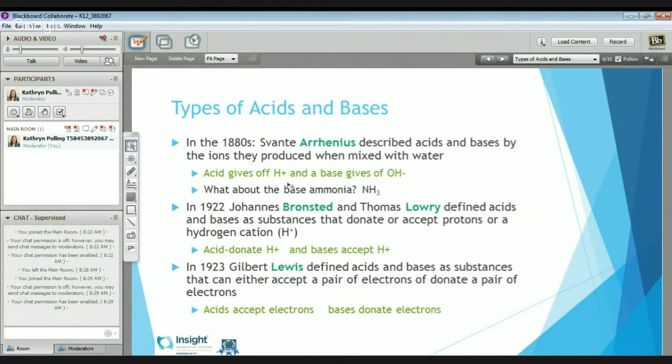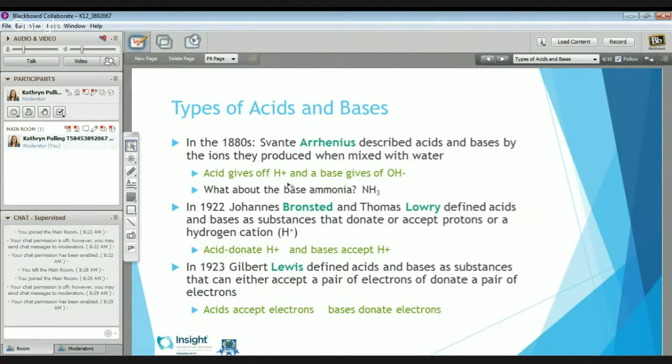They defined an acid as something that can donate the H plus, or give the proton. H plus is sometimes shorthand called a proton. And then bases are able to take them.